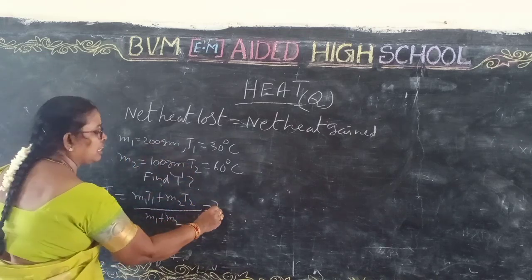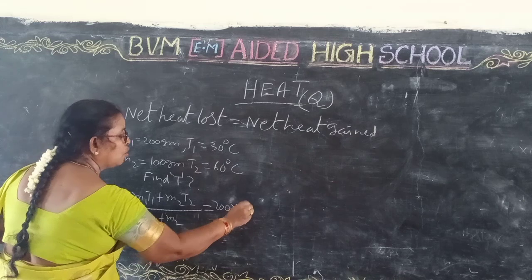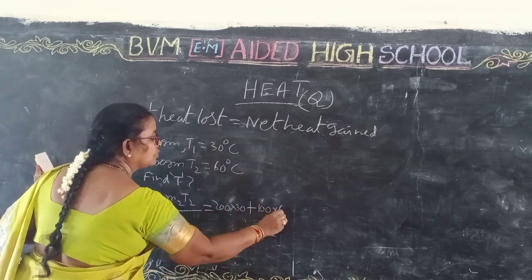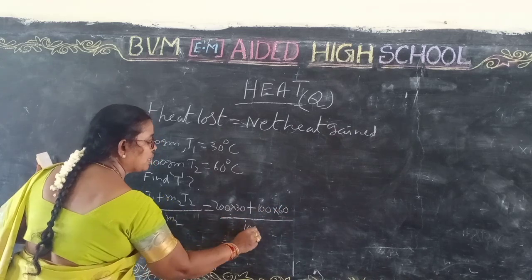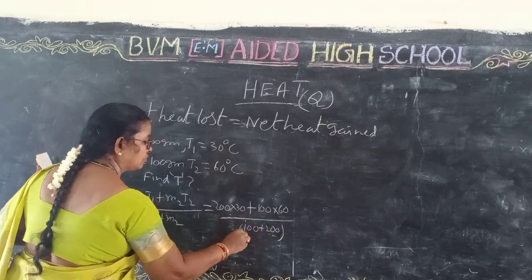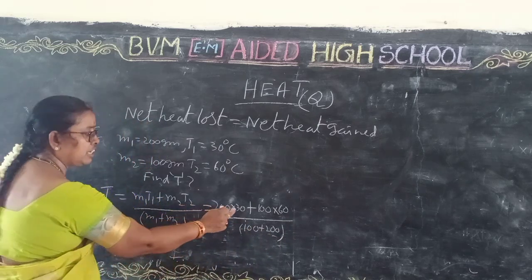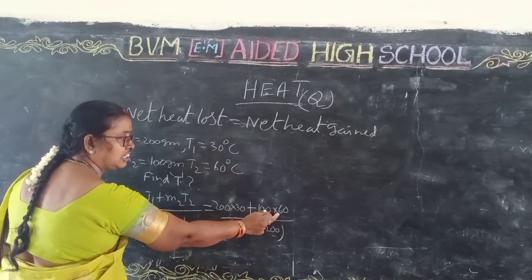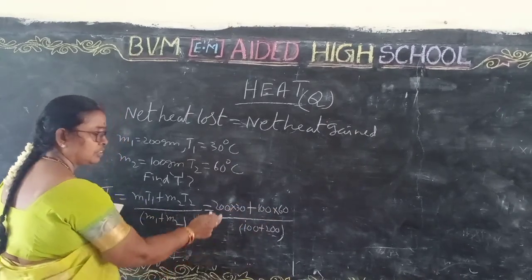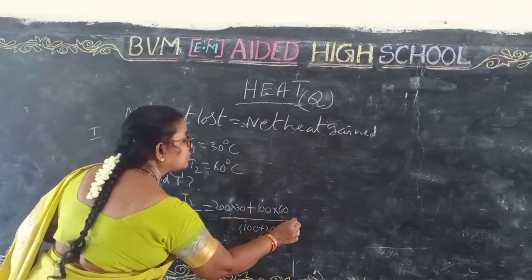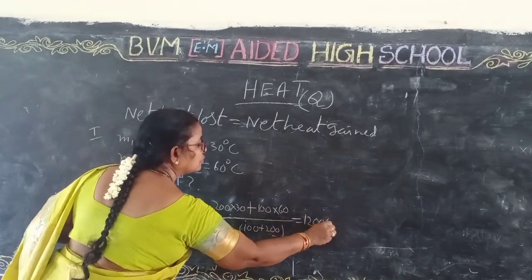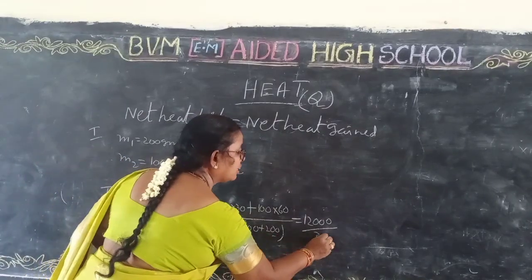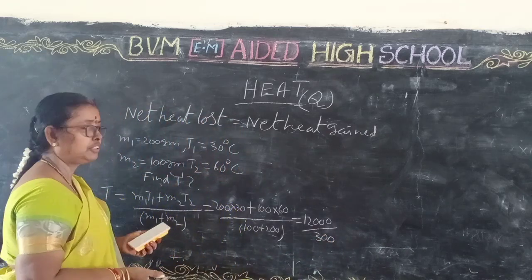M1 200 into 30 plus 100 into 60, by 300.